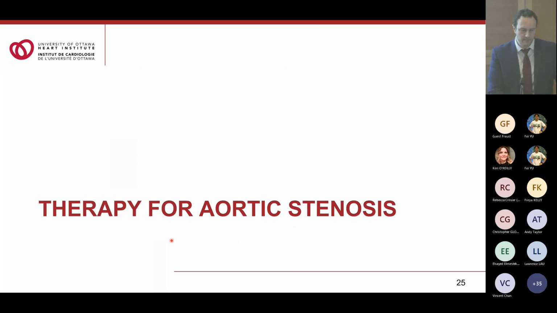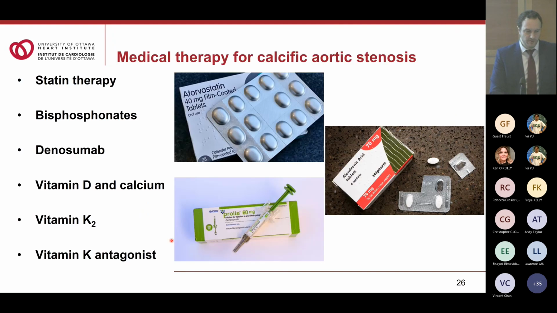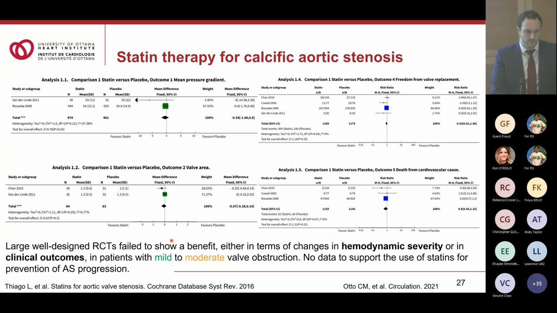So let's talk a bit about therapy for aortic stenosis. There have been multiple medical therapies studied for calcific aortic stenosis, and we'll talk about those briefly. Statins were the initial agents studied in large, well-designed RCTs, but they really failed to show an impact on hemodynamic severity as well as clinical outcomes.